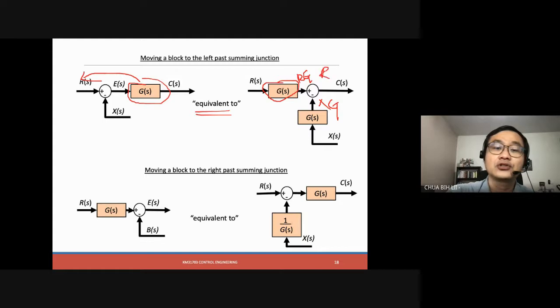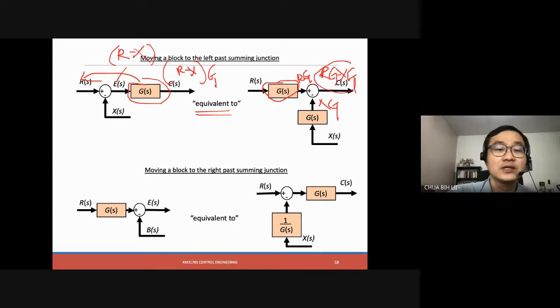How it is equivalent to this is that you can see this arrow is R minus X, multiplied by G, so the output will be R minus X times G, meaning this is RG minus XG, which is equivalent to this.